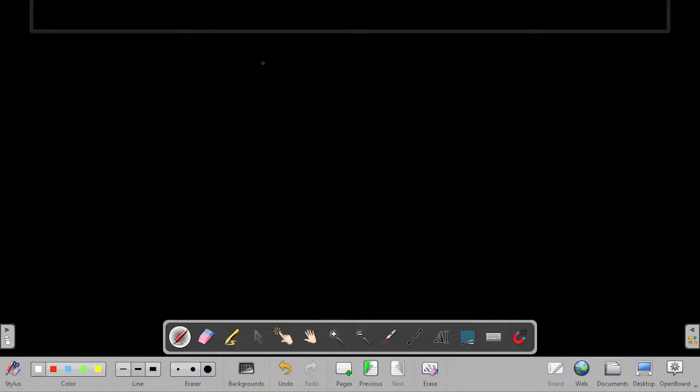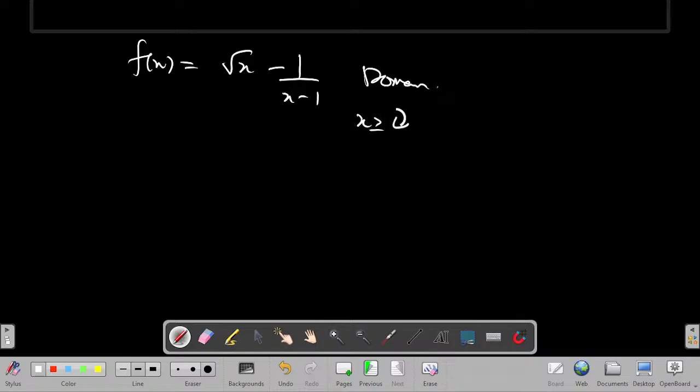So we have f of x equal to the root of x over x minus 1. This means that we are simply going to find the values that make this valid. Finding the domain of this function, first of all, you know that the square root of x will never accept a negative value. So x should be greater than or equal to 0. Then you know that x minus 1 here should never be equal to 0.